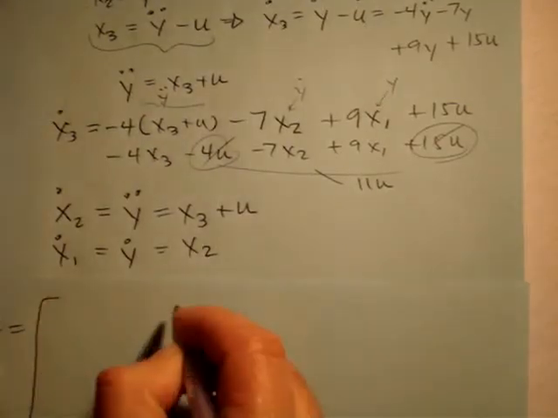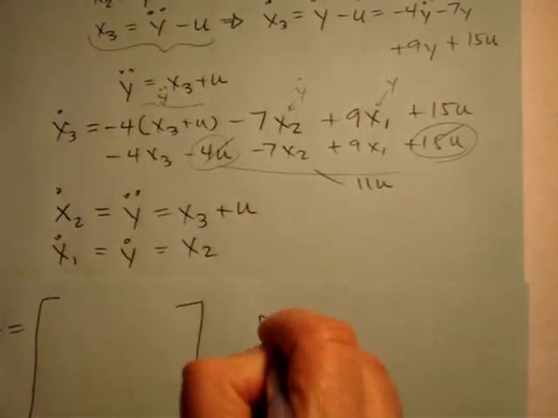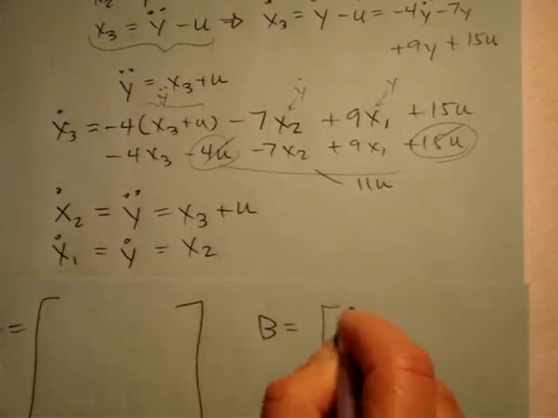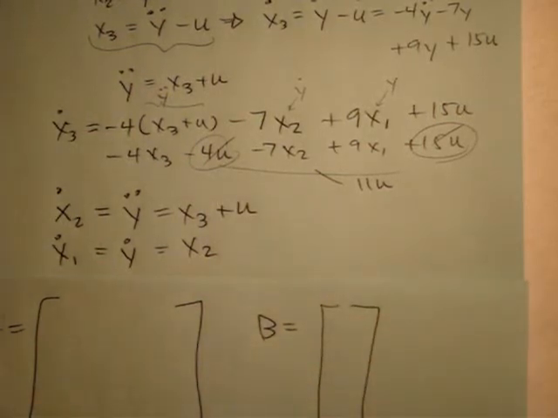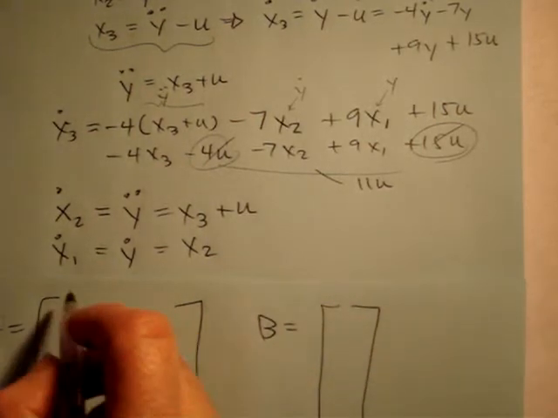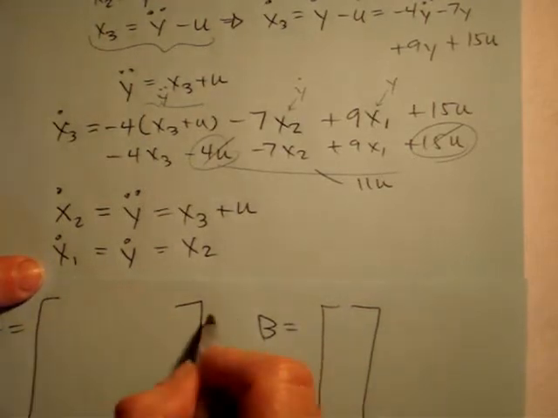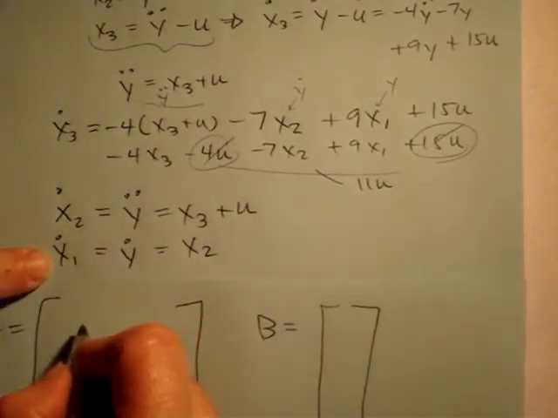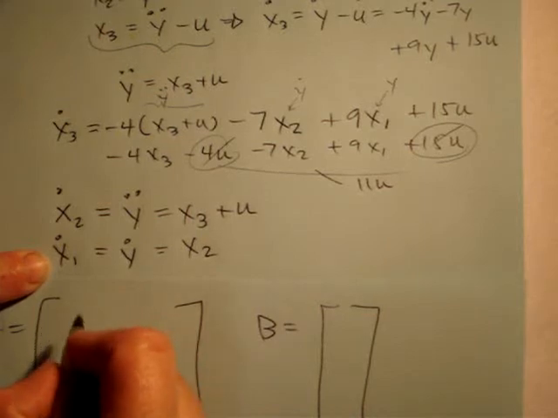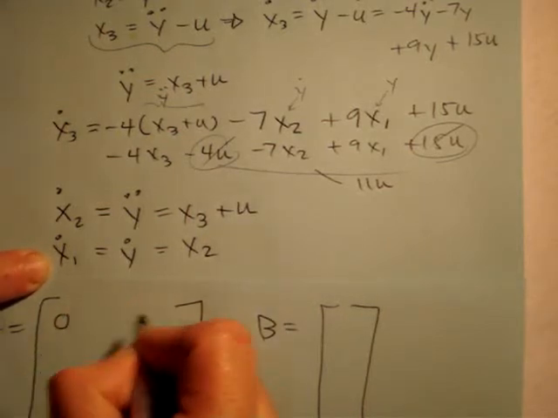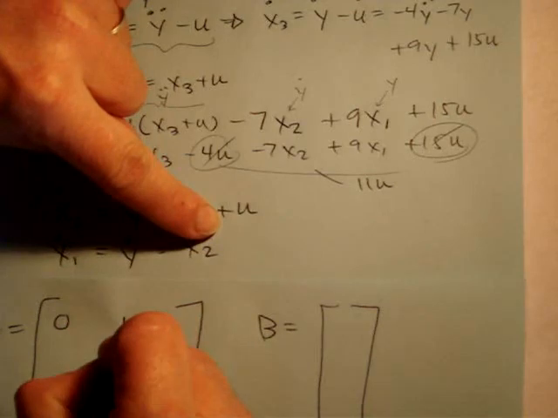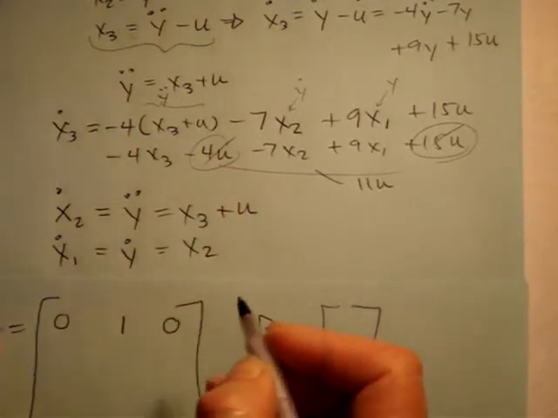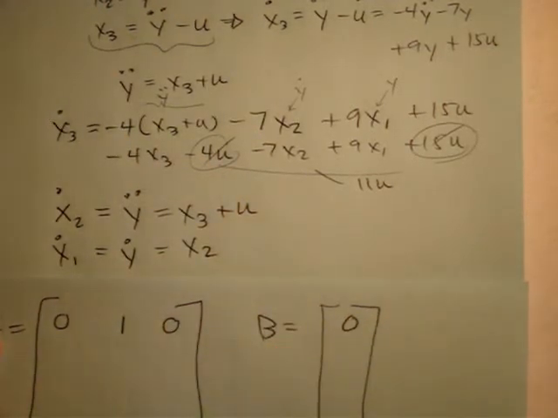A and B. Let's see, we'll put down here. Our first row in A and B is our x1 dot equation. The coefficient of x1 is 0, coefficient of x2 is 1, coefficient of x3 is 0, and there's no u, so our B coefficient is 0.